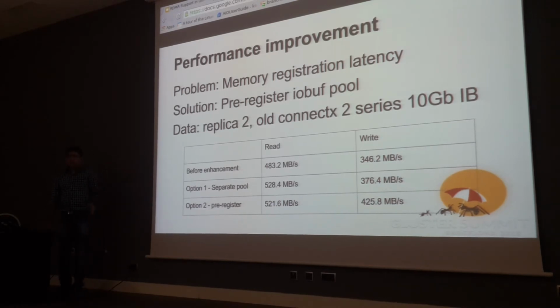So ideally we should have got 1.2 GB per second as the complete speed, but in the line speed, because it is replica 2, it would be half of it. So somewhere around 600 MB per second.